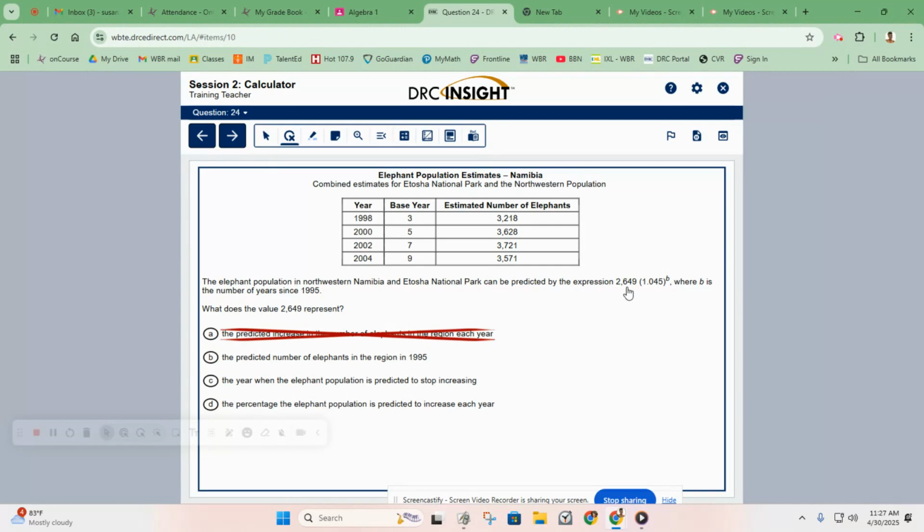But the table says 1998, and that's 3 years since the beginning. That's what I'm saying. You have to make sure you're reading carefully. Time began in 1995 for this table. So it is B. That is correct.